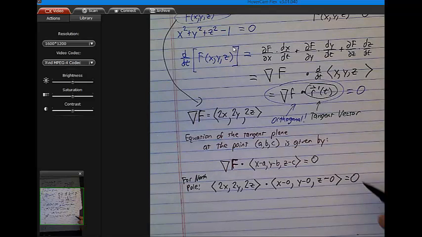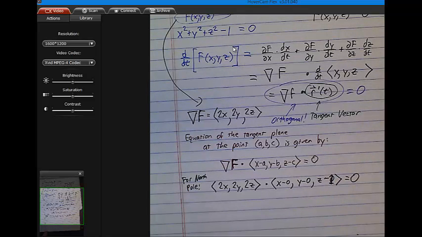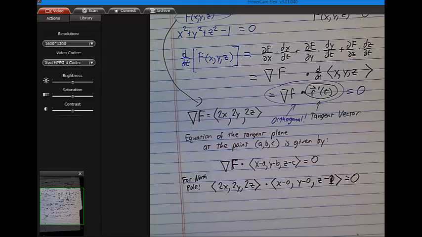No, not z minus 0, z minus 1. Okay. I better say one more thing. For this to work, we have to evaluate the gradient vector, because otherwise it looks like I'm going to get something quadratic here.